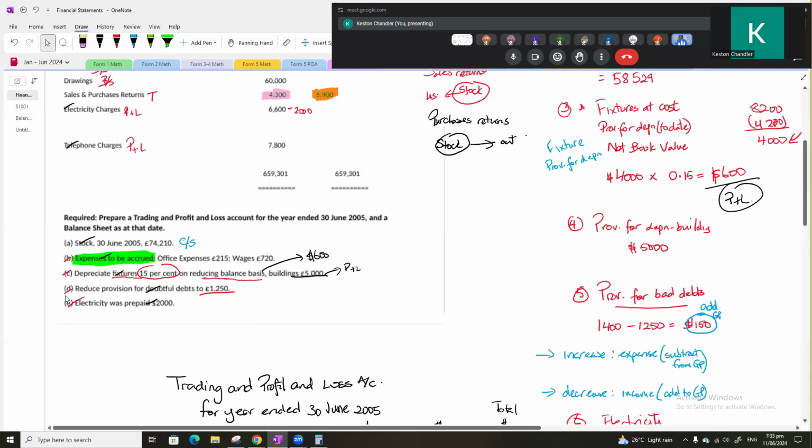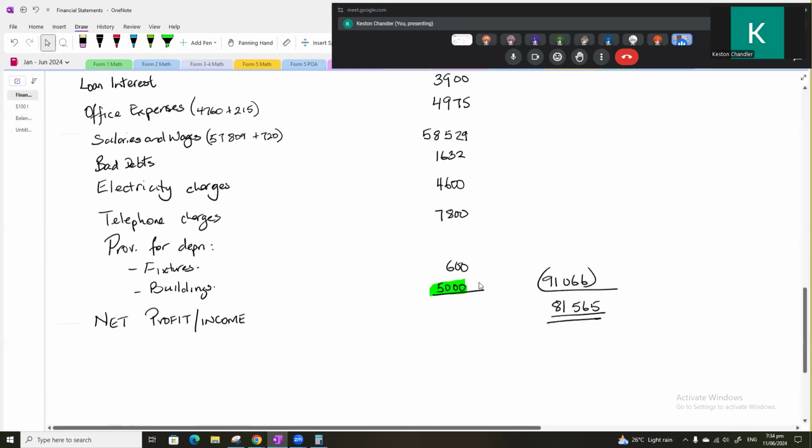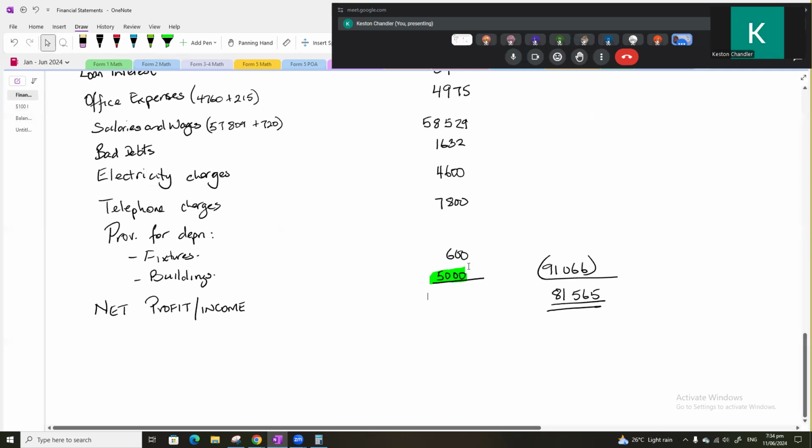If you guys remember, let me just go back to the question. In the notes of the previous question, they told us to depreciate fixtures by 15% on a reducing balance basis, and that the depreciation for buildings was $5,000. And this is what we charge for depreciation inside of our profit and loss account.